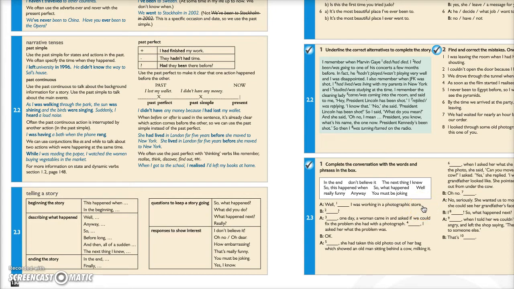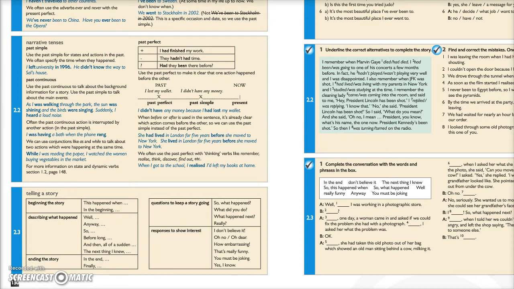So it could be something like the beginning. So this happened when I was working in a photographic store. Okay, so you are introducing the story, and you need to put the others in the gaps, and you can correct it in the platform.